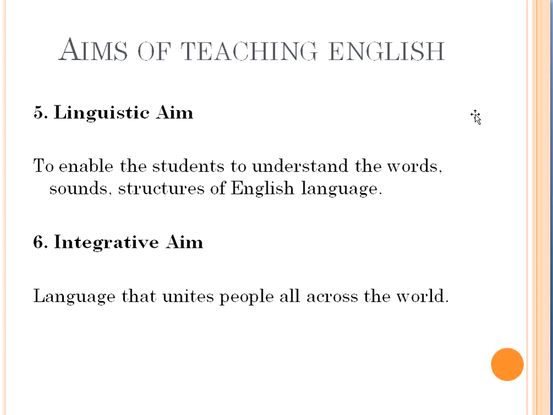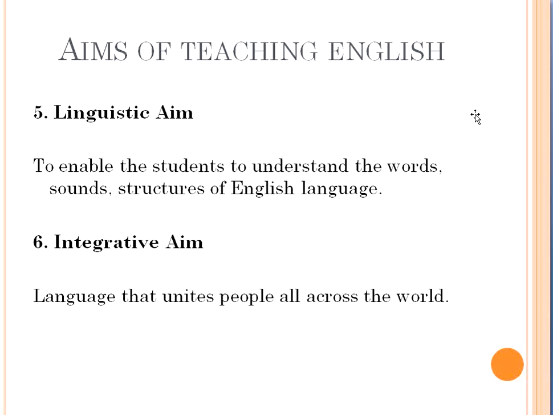So you will have to introduce English among your students so that they can understand everything that is related to the words, sounds, structures of English language superbly. Getting the point? So this is the linguistic aim that enables a student to understand the words, sounds, structures of English language. So this is all about the fifth aim of teaching English.